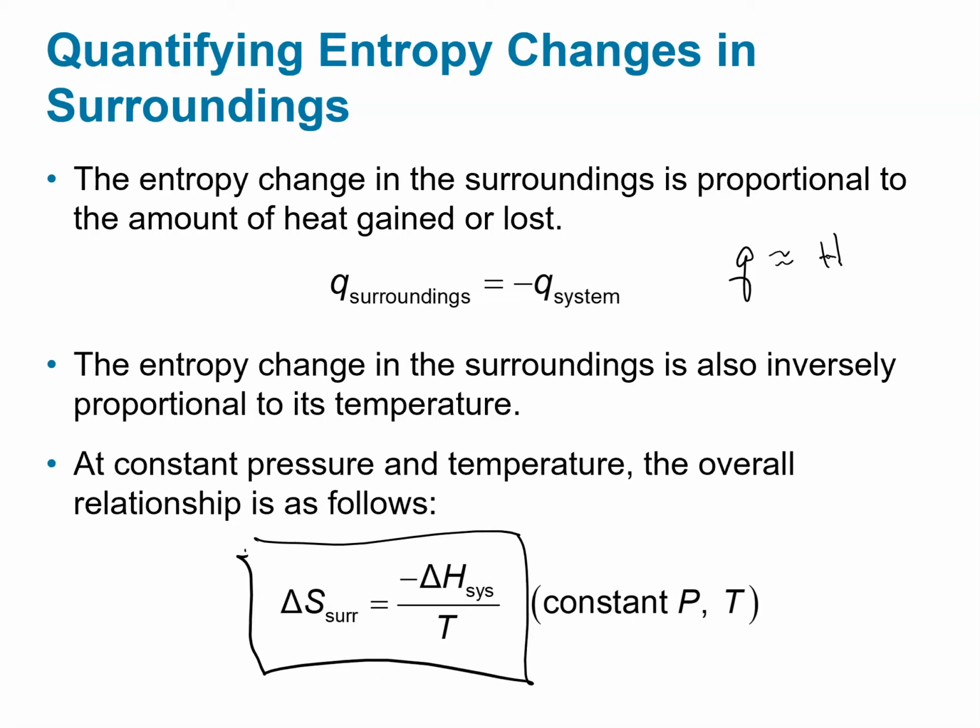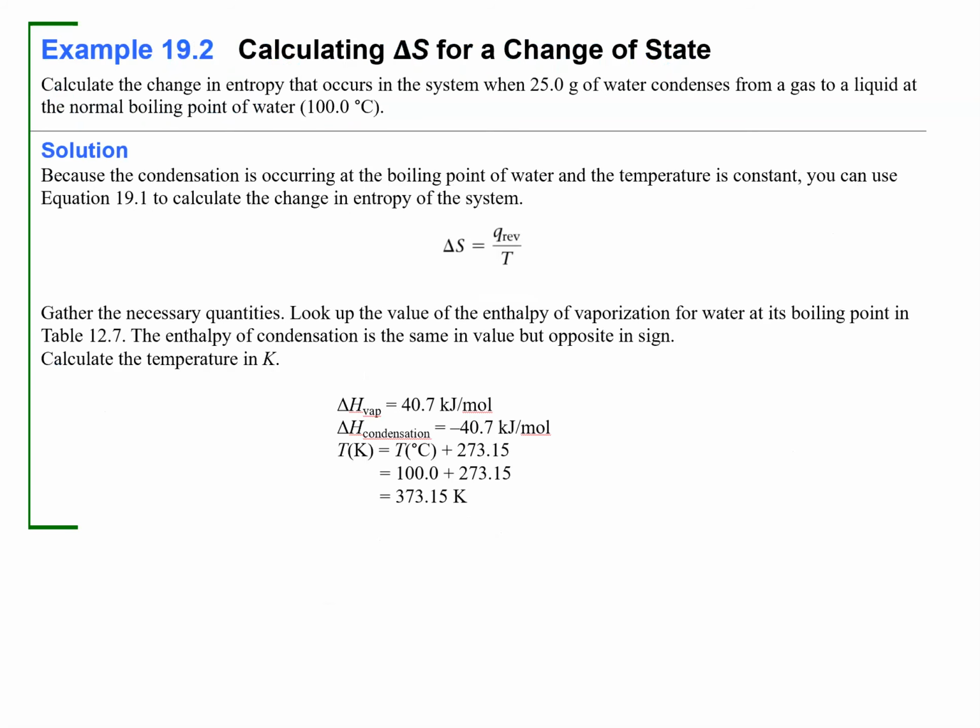Which we see here, where the change in entropy for surroundings is going to be equal to the negative change in enthalpy of the system divided by temperature, in absolute temperature. This, of course, only holds for systems where we have constant pressure and temperature. So let's do a couple quick solutions.